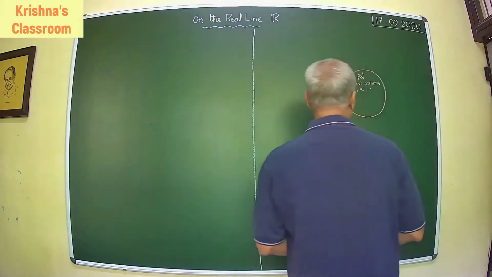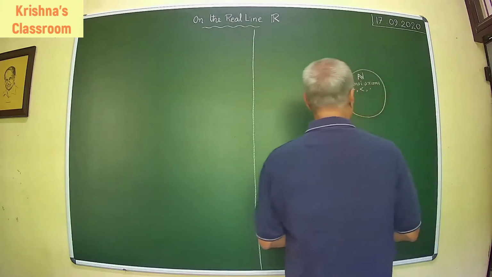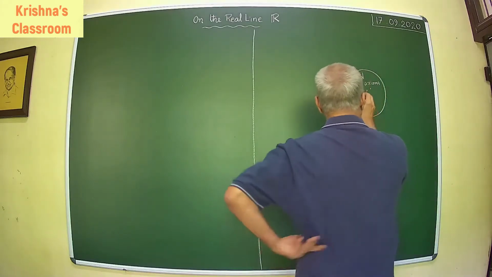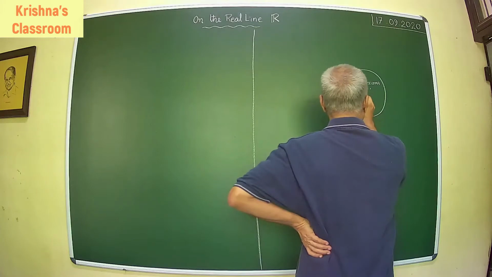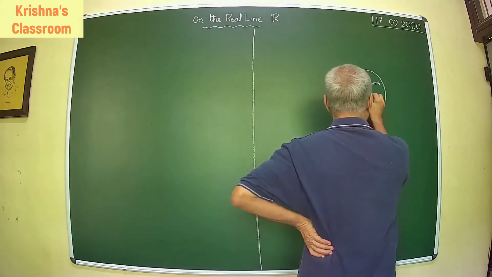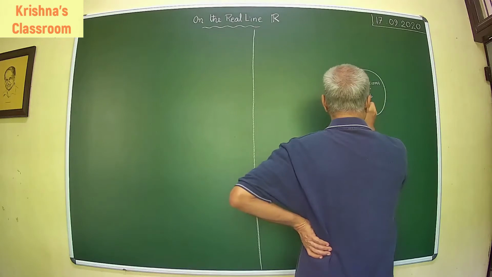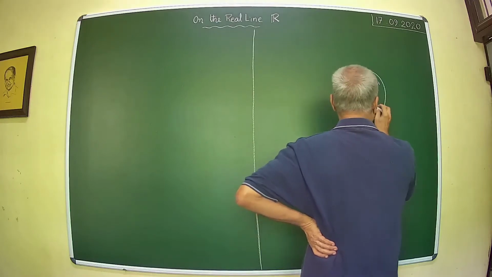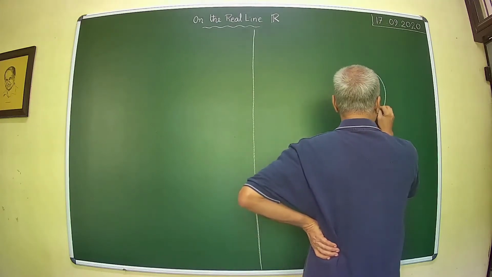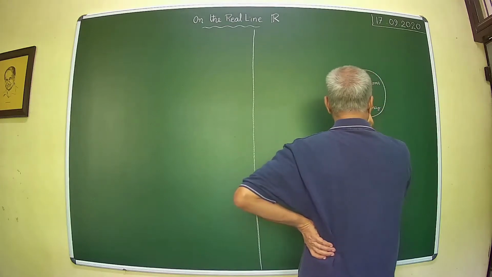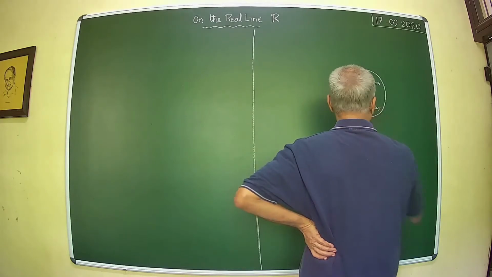Further, we found that the two equations a plus x equal to b, and ax equal to b, for a, b belonging to N, may or may not have solutions.